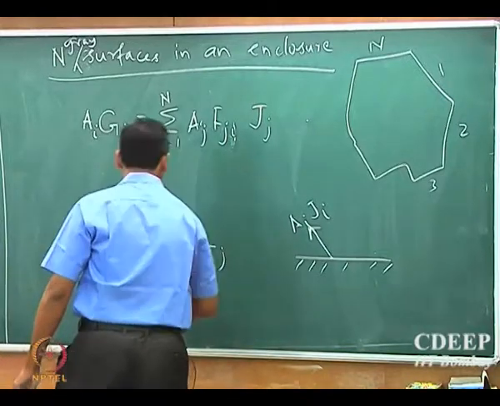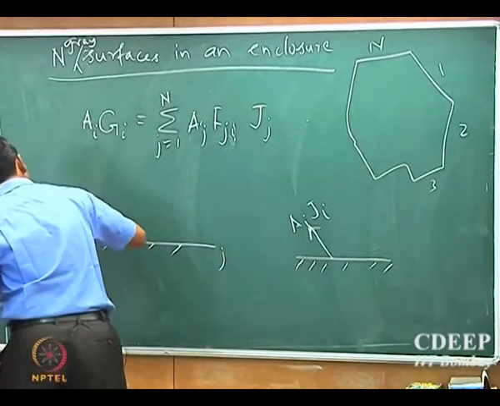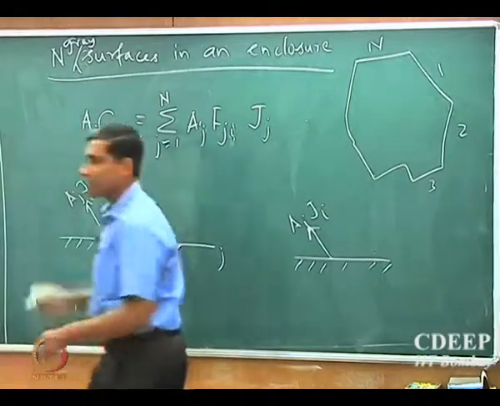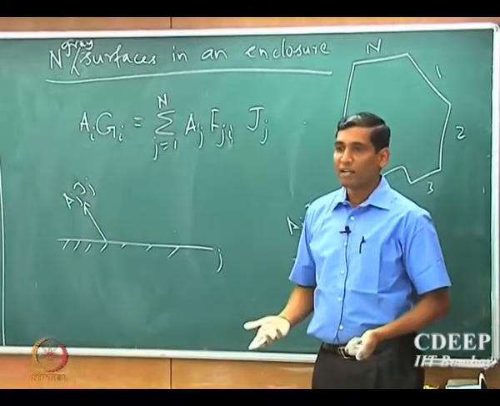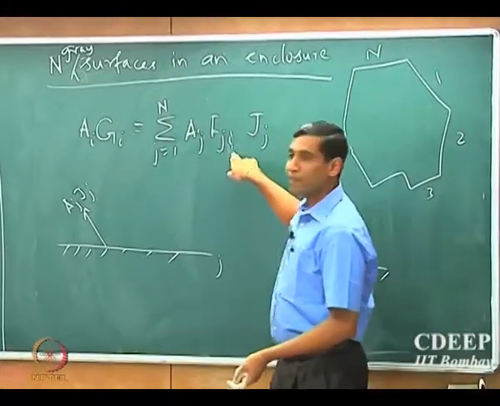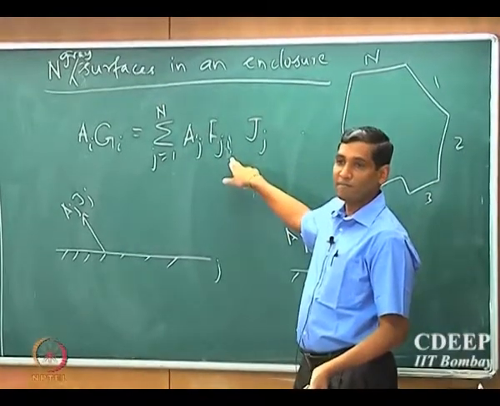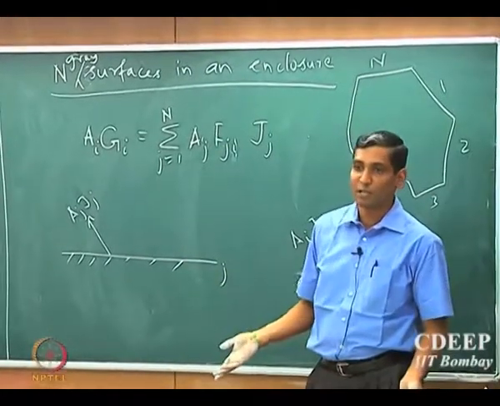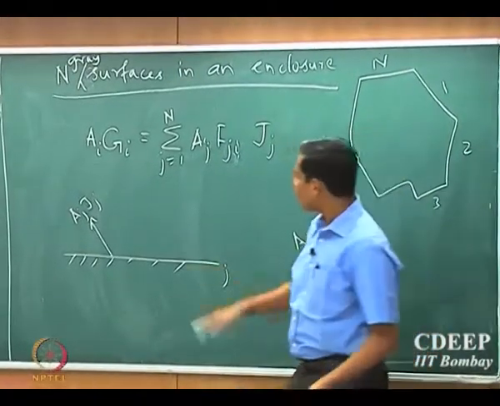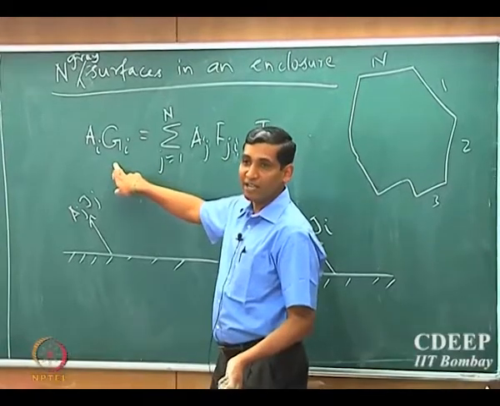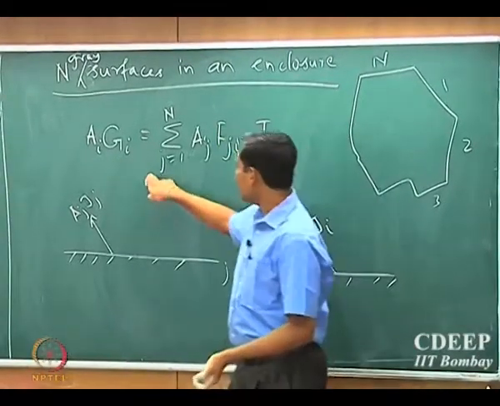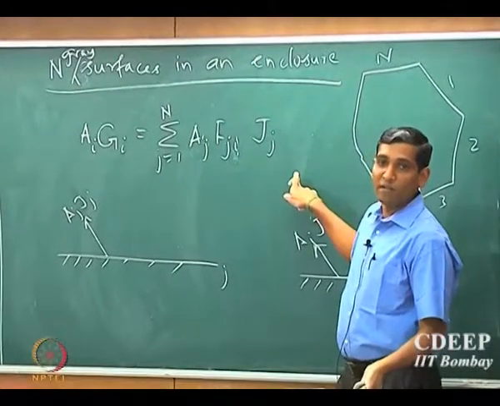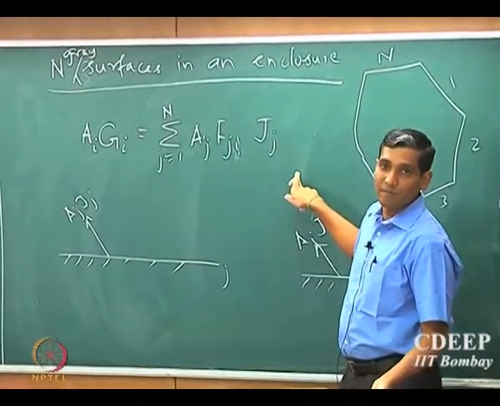If this is my surface j, then the radiation that comes out of surface j is Aj Jj, and the fraction of that received by surface i is given by multiplying by the corresponding view factor. In the same way it receives from all the surfaces present in the enclosure. Therefore the net incident irradiation on the ith surface will be the sum over whatever fraction is received from each of the surfaces, going from 1 to n.